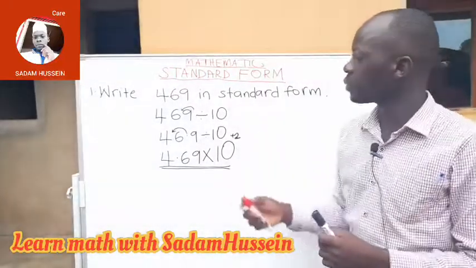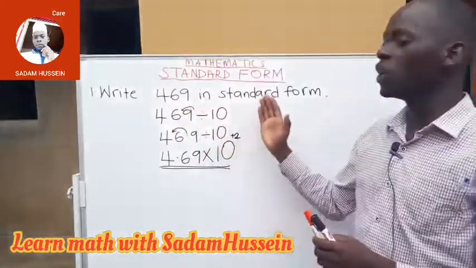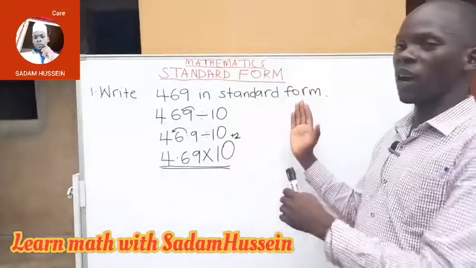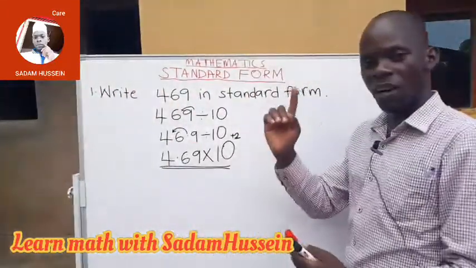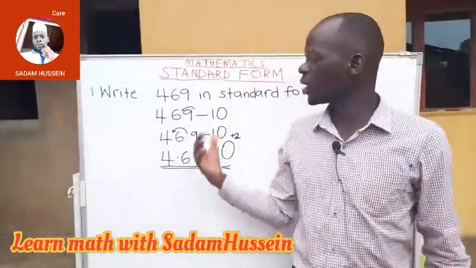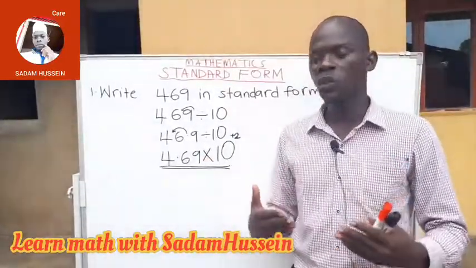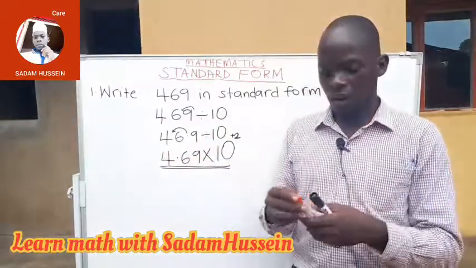The only important thing is that when you write numbers in standard form, make sure that you leave only one significant figure to the left-hand side. That makes you write the answer well, as is required.